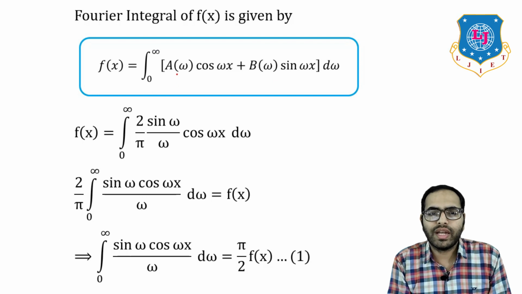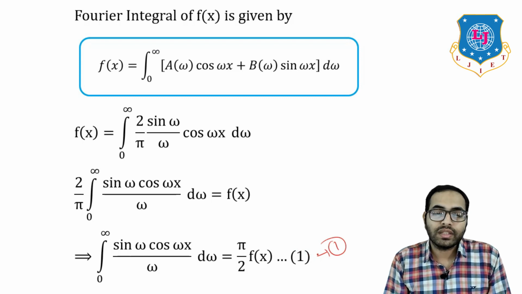Here b of omega is 0, a of omega is 2 sin omega upon pi omega, into cos omega x d omega. Now simplifying, this pi goes to this side and 2 goes to the denominator side. That will give you integral 0 to infinity sin omega cos omega x by omega d omega is equal to pi by 2 f of x. This is our equation number 1.